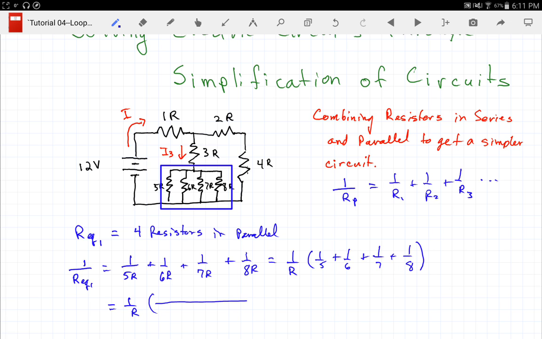So on the bottom, I'm going to have 5 times 6 times 7 times 8, which is 30 times 7, 210 times 8, 1680.